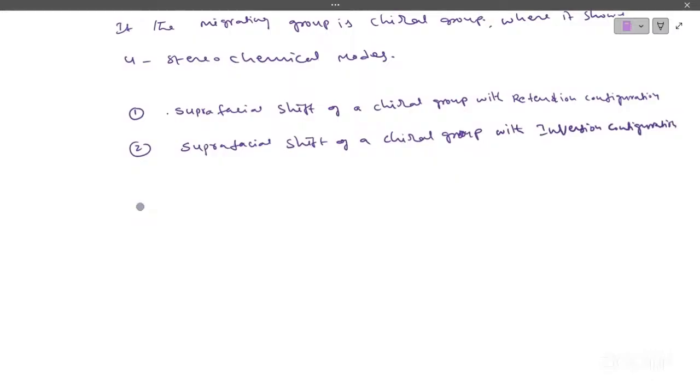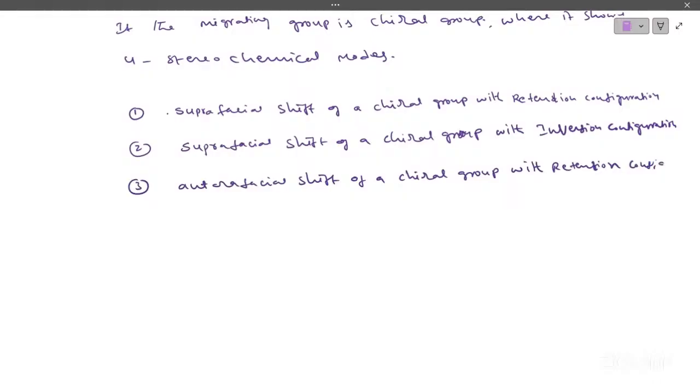Third one, antarafacial shift of a chiral group with retention configuration.